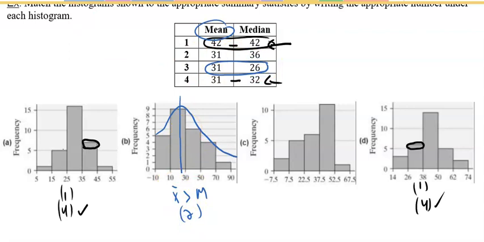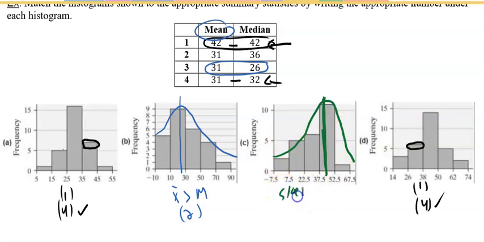number 2. And here, I noticed that the mean is going to be more toward the left because the data is skewed to the left. Look, if you connect those buildings, do you see the majority of the measurements are to the left? So this is skewed to the left.